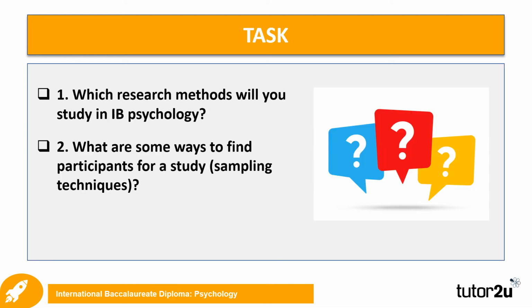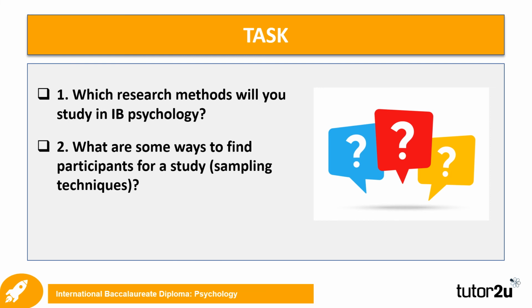In the last part of this session, we will discuss Paper 3. Before we do that, please answer the following questions which are related to paper 3. 1. Which research methods will you study in IB Psychology? 2. What are some ways to find participants for a study or sampling techniques?